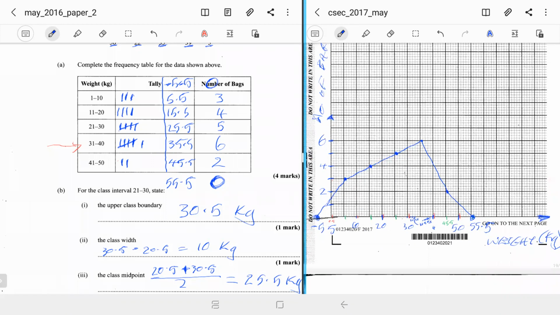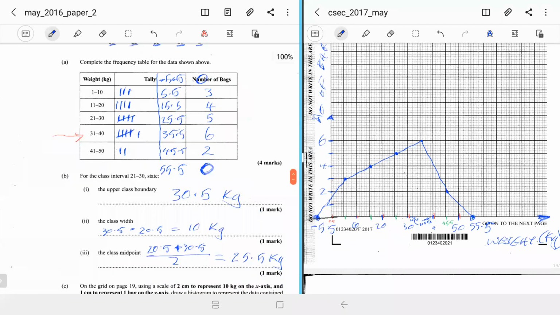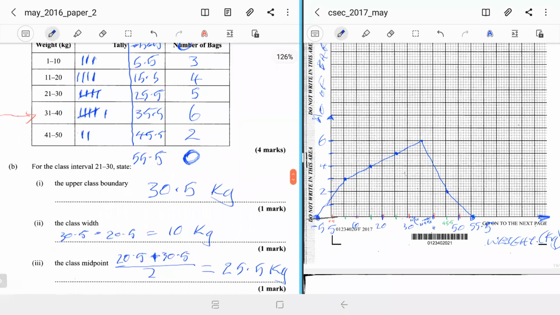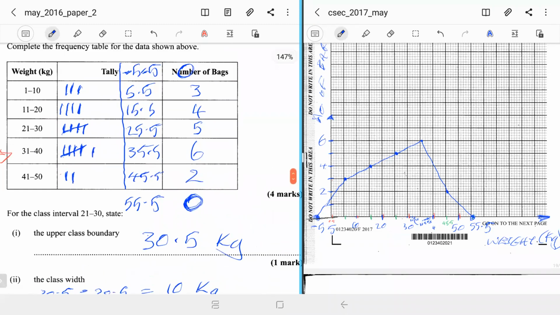Sir, can you repeat how I got the negative 5.5? And the 55.5? Yeah, because look here, look at the table. The midpoint values are all increasing by 10, increased by 10, increased by 10, increased by 10.